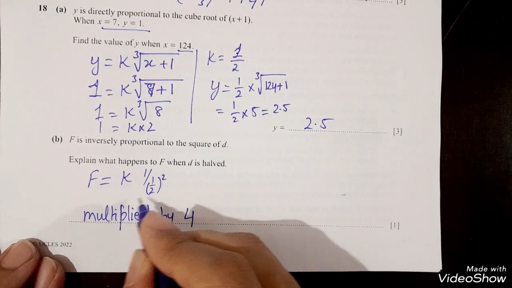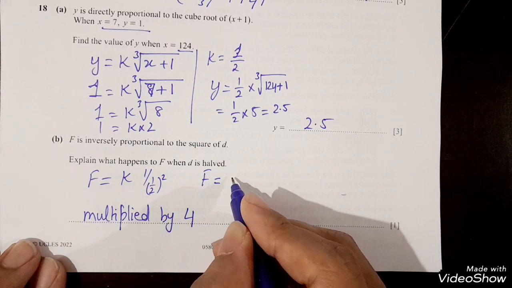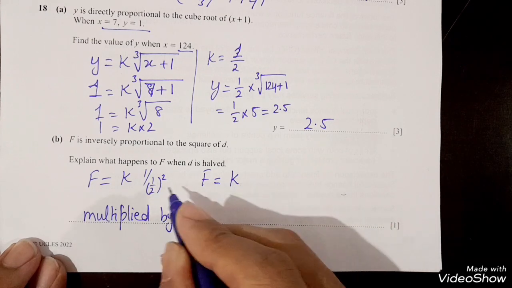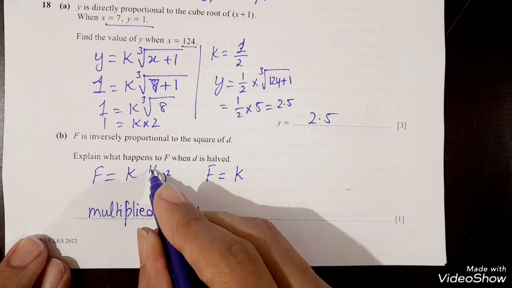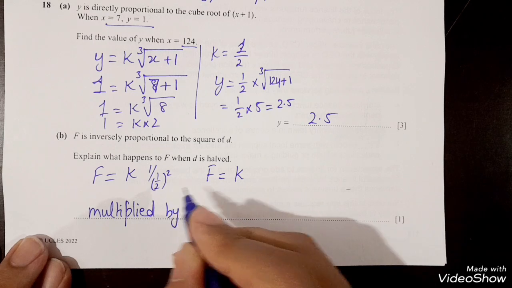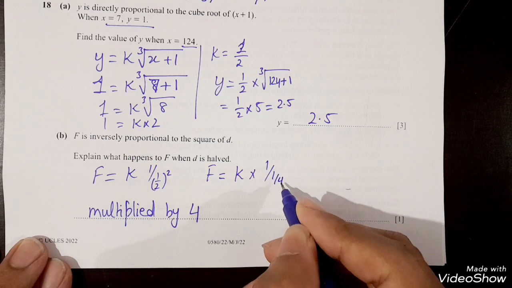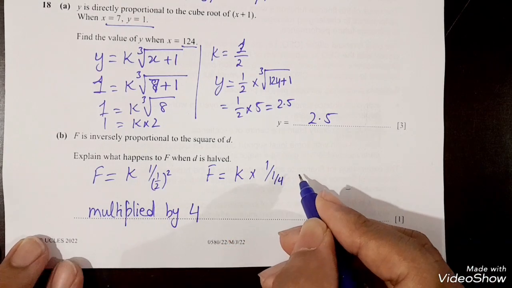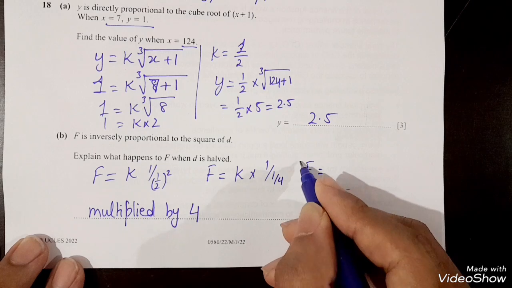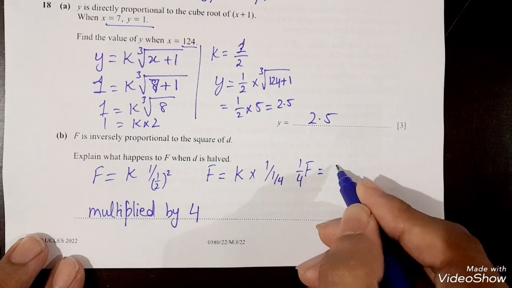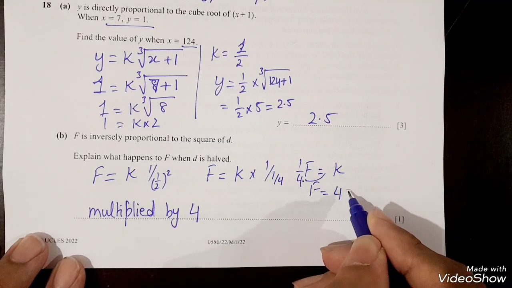So when we do this, f is equal to k divided by 1 over 4. So 1 over 2 squared is 1 divided by 4, and this 4 will be moved over there, so f is equal to 4k.